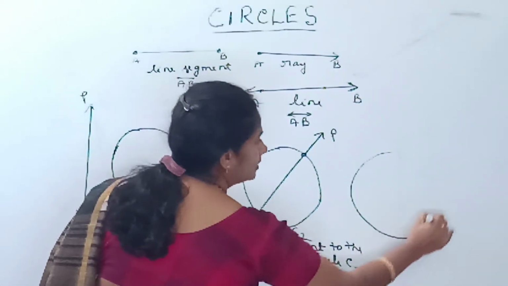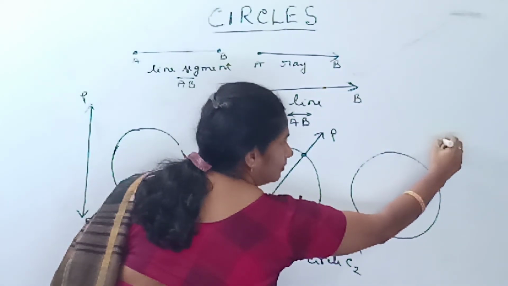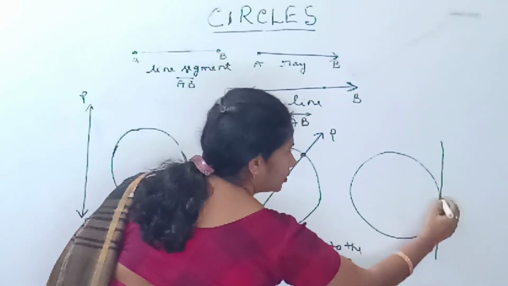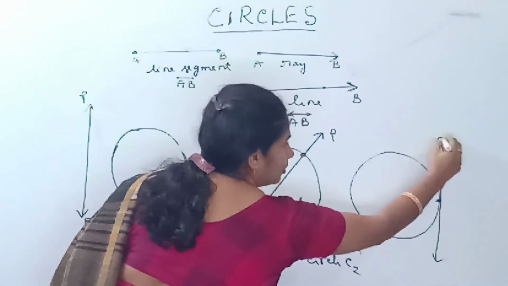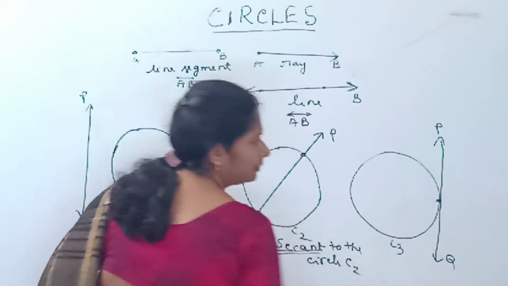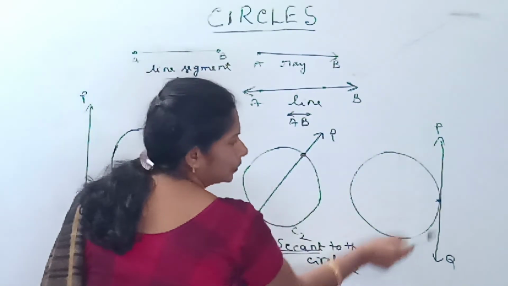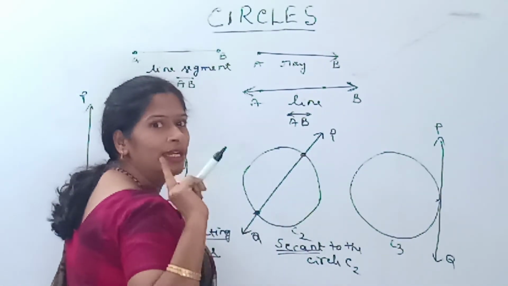Let me draw one circle and one line like this. What is the observation, children? The circle is C3 and the same line PQ. Please observe carefully. Here PQ touches the circle at only one point.